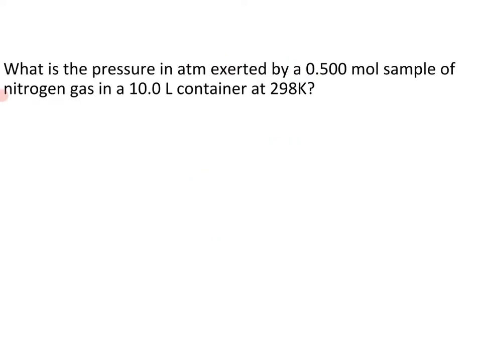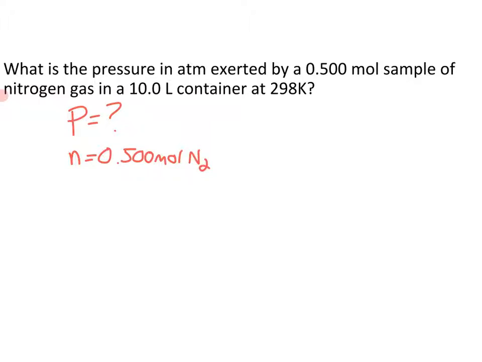Okay, so in this problem, it says, what is the pressure? So I'm looking for P, so P equals question mark, in atmospheres exerted by a 0.500 mole sample, so that's n, 0.500 moles, of nitrogen gas.